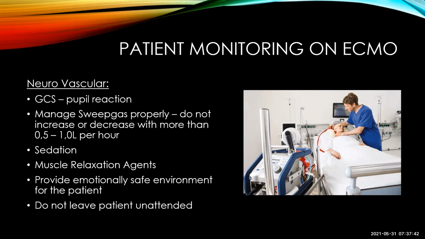Then you have to manage your sweep gas properly with regards to your neurovascular system, because if you increase or decrease by more than 0.5 of a liter per hour, you cause vasoconstriction and vasodilatation in the brain, and that can also cause your patient to have a bad GCS.